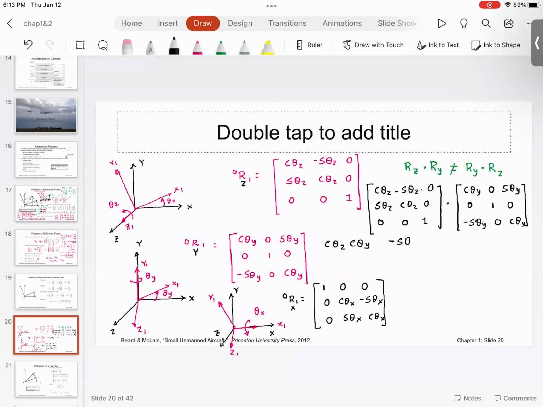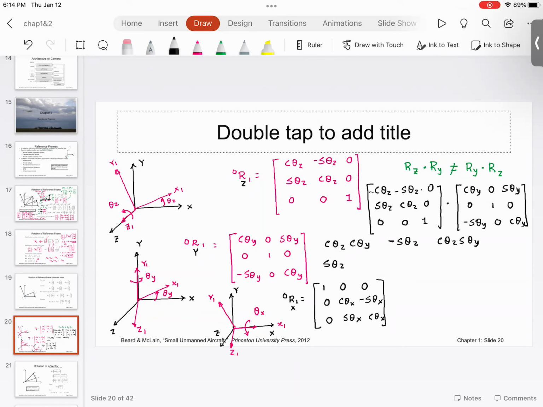sine theta z. Then I'm going to get cosine theta z, sine theta y. Then if I proceed further, I'm going to get sine theta z, sine theta z. Cosine theta z gets multiplied here, 0.